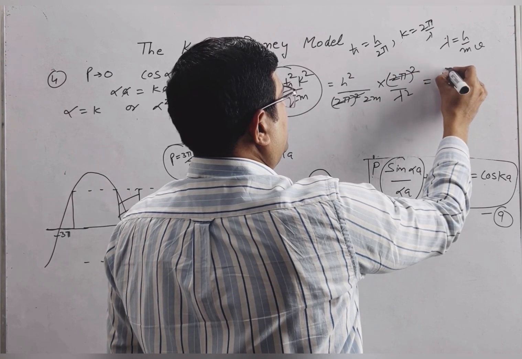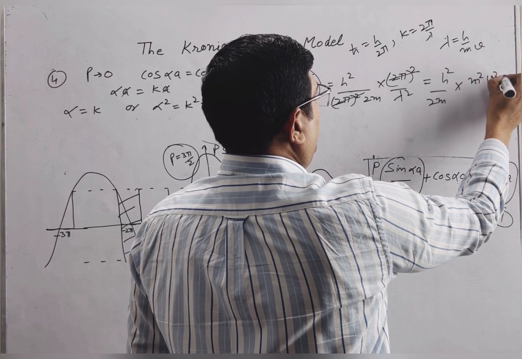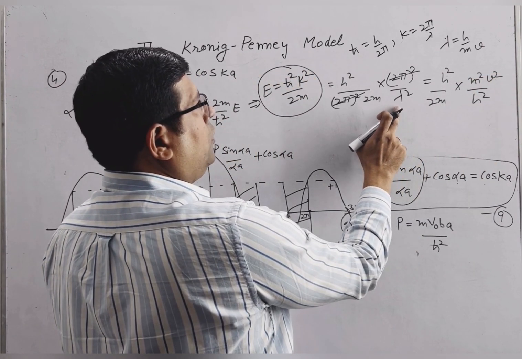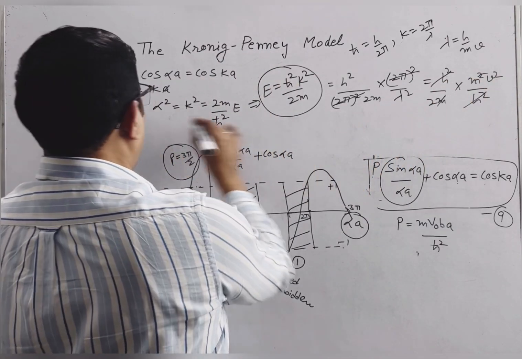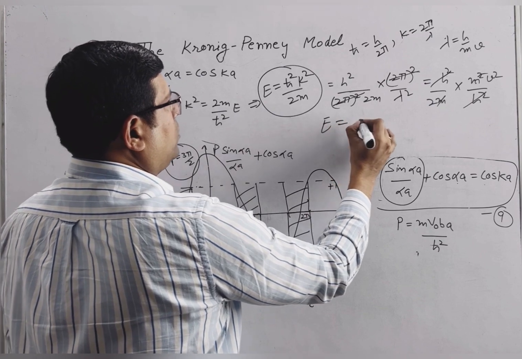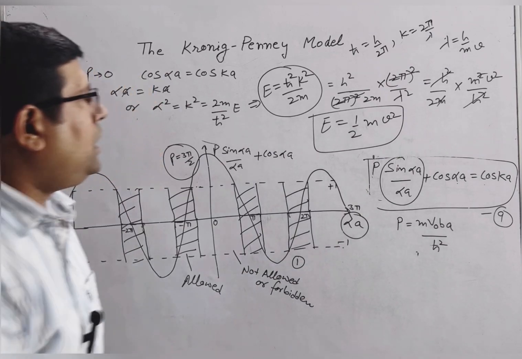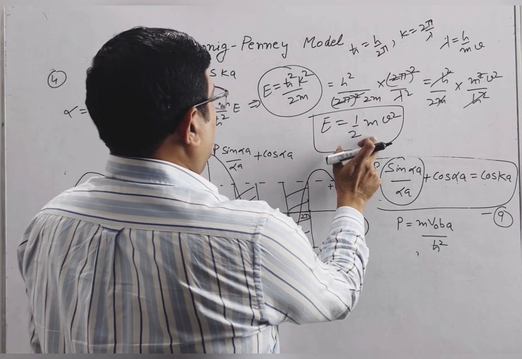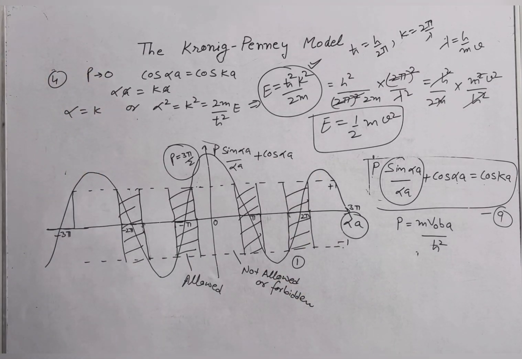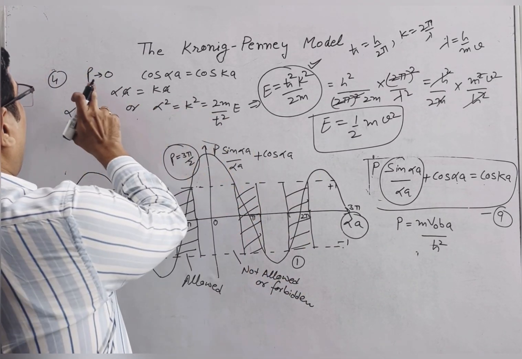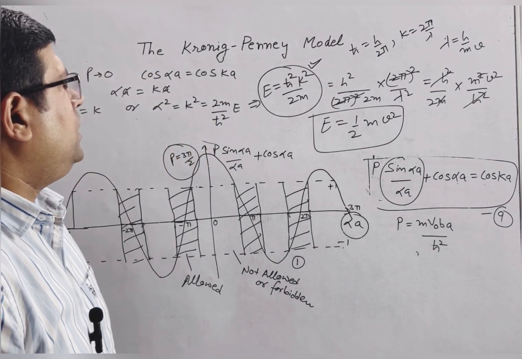So h square upon 2m into m square v square upon h square, putting the value of lambda square. So this will give E equal to 1 by 2 m v square. This is the energy of a free particle. So in this case, when P is 0, the electron can take any values of energy.